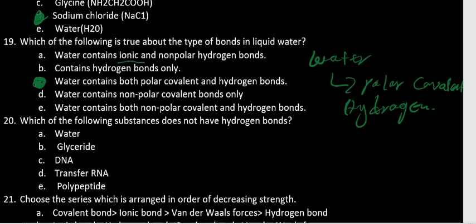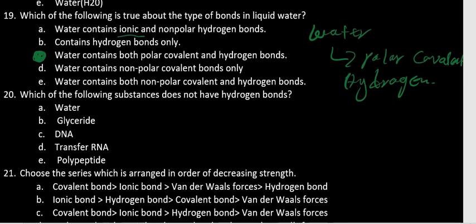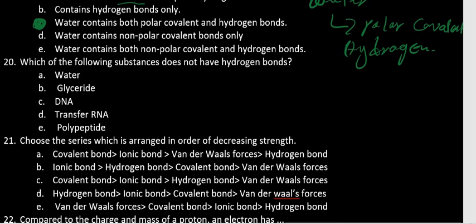The next question is, which of the following substances does not have hydrogen bonds? Wow. Which one doesn't have hydrogen bonds? Let's quickly look at it. Water forms hydrogen bonds amongst itself. DNA is a nucleic acid, which is both hydrophilic and hydrophobic. Get that right.